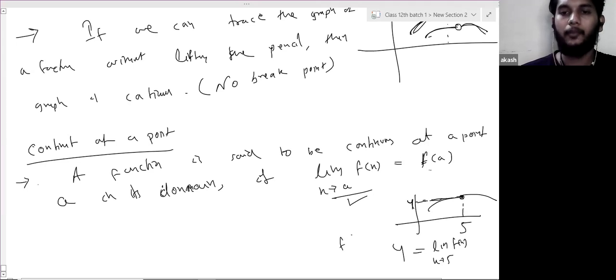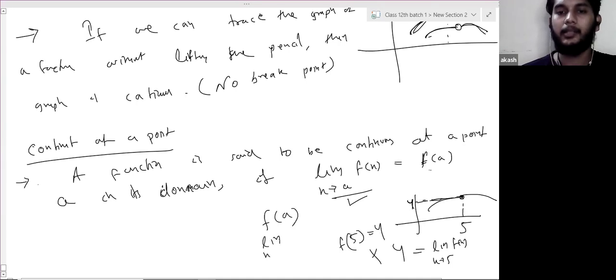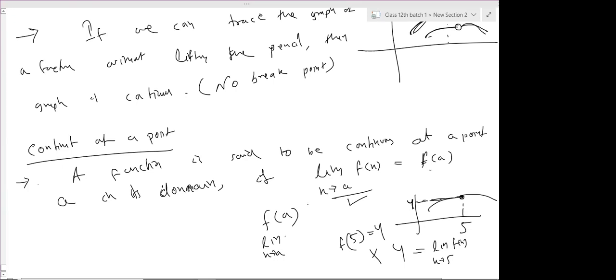But if you find f of 5, then the graph is not existent and this is not continuous. But if f of 5 is also 4, then this will be continuous. Just find f of a and the limit x tending to a. If both are equal, then we can say the graph is continuous. This is clear, everyone? Yes, sir.